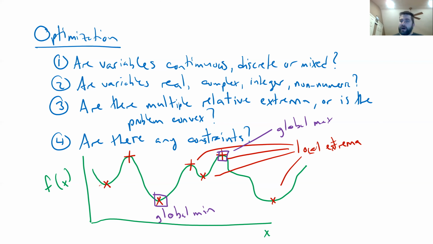I should emphasize that the problem of finding local extrema has a solution. There are algorithms that can find local minima or local maxima fairly robustly in pretty much any circumstances. There might be performance questions, but the answer can be found.